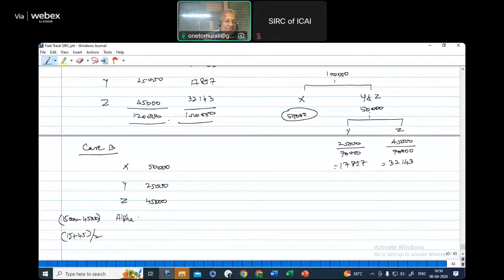So a mid price of 30,000 we can take it up. The price is kept at 130,000. That is what they have mentioned.